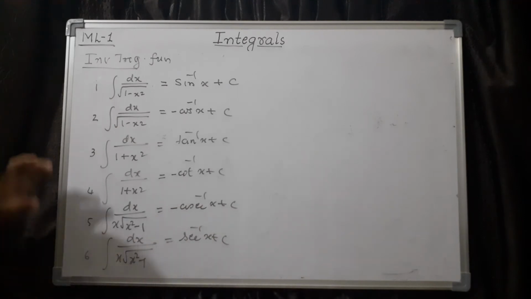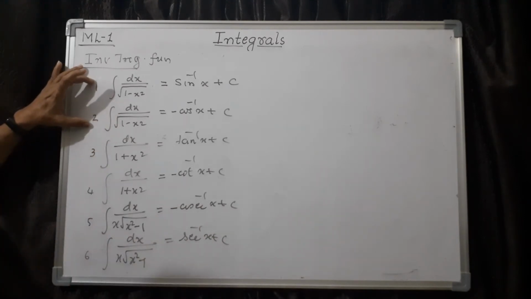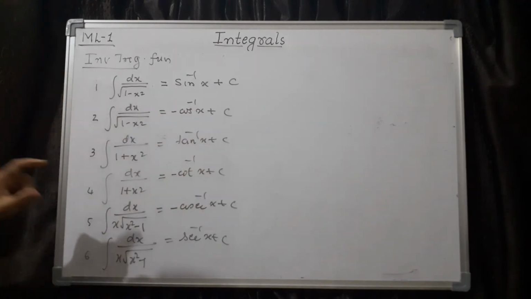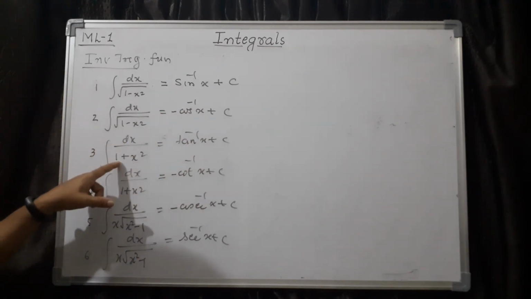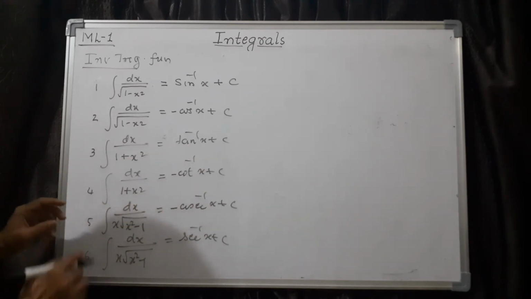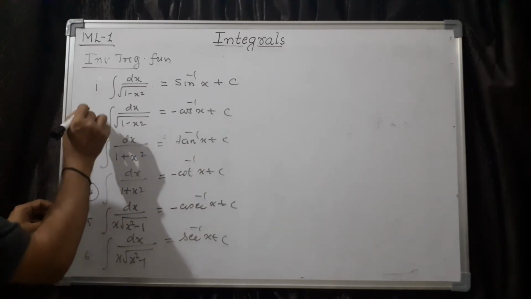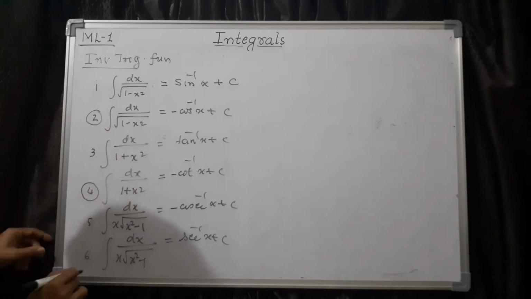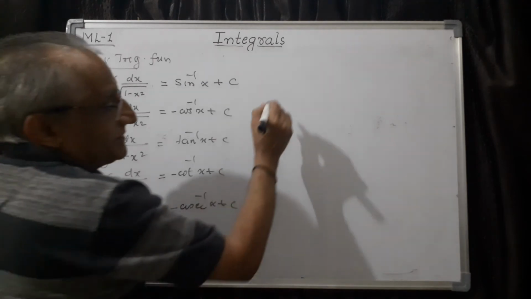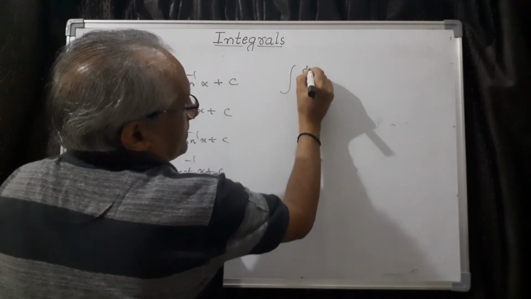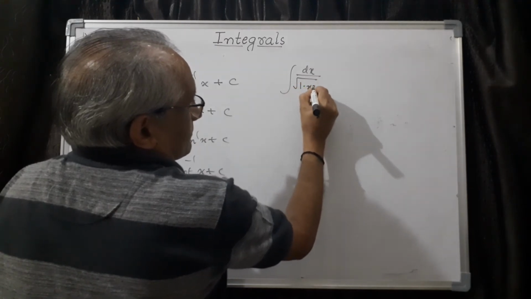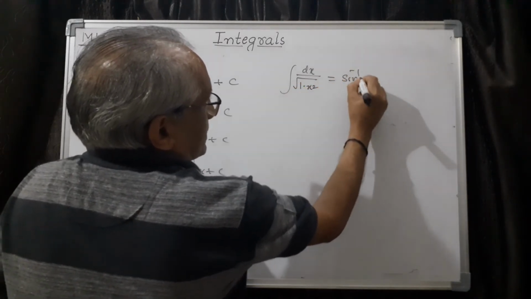Here one advantage is that these two formulas are one and the same. See, here it is plus sin inverse x or minus cos inverse x; the result is the same. Similarly, for dx by 1 plus x square, either plus tan inverse x or minus cot inverse x. Therefore, you need not remember these as separate formulas. Similarly here, so these three you can avoid. What you can remember is the integration of dx by square root of 1 minus x square is sine inverse x.